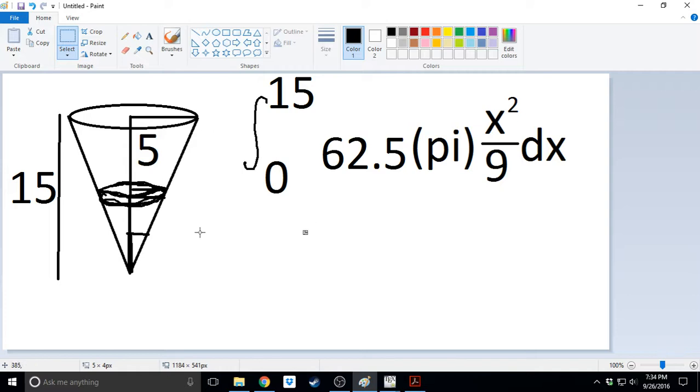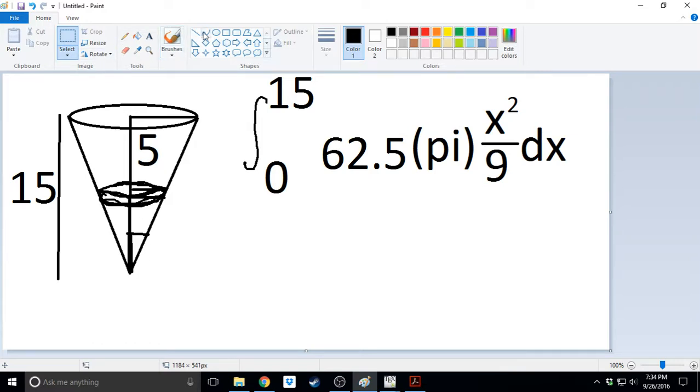What we want is to know the work that's done. But this function here gives us force. Now if we have distance, we're done. So this chunk of water, this coin that we took out, this infinitely thin or infinitely short cylinder, is traveling from this location here to the top of the cylinder.